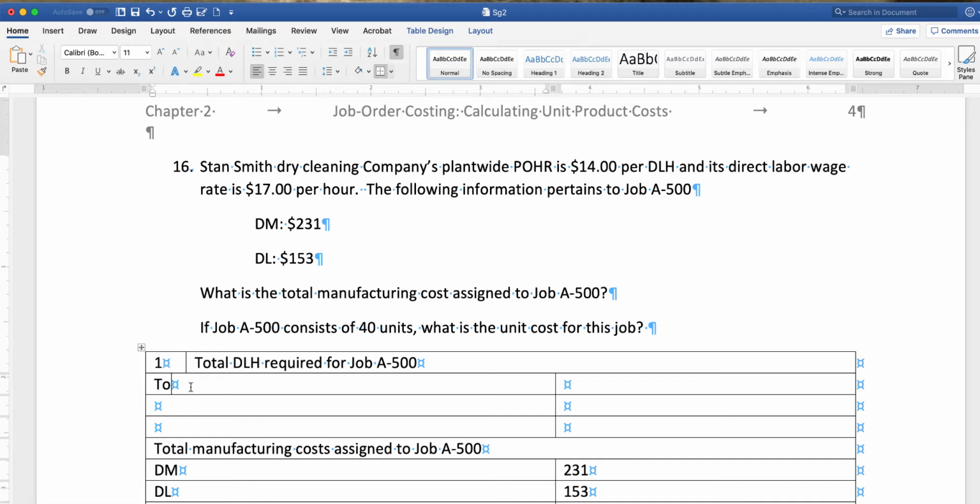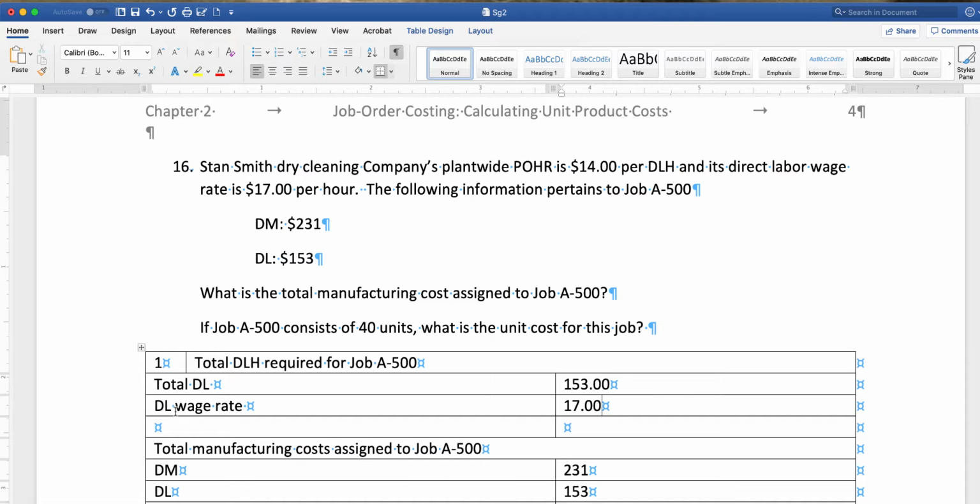So the total direct labor is $153. Okay, well, it still doesn't tell me how many hours they worked, right? But we know another piece of information. We know how much we paid them. We know what the direct labor wage rate is. Direct labor wage rate is $17 per hour.